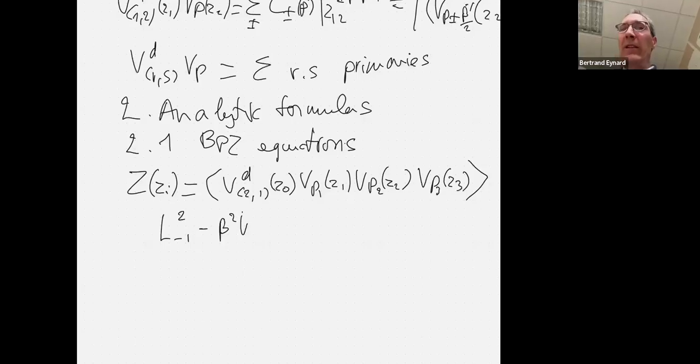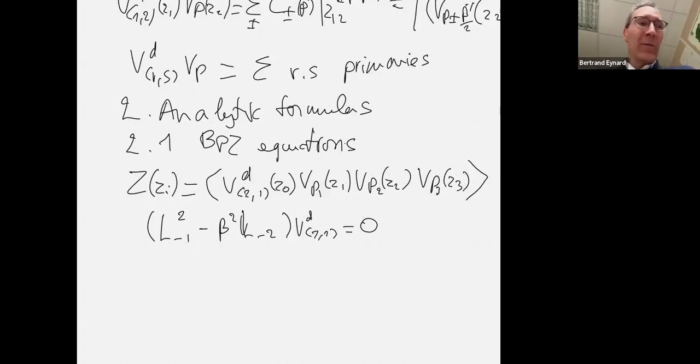So we should insert this equation in our big Z here. And basically, we know what happens when we insert L_{-2}. That's a formula I wrote already. And we know what happens when I insert L_{-1}^2. That's just a derivative.